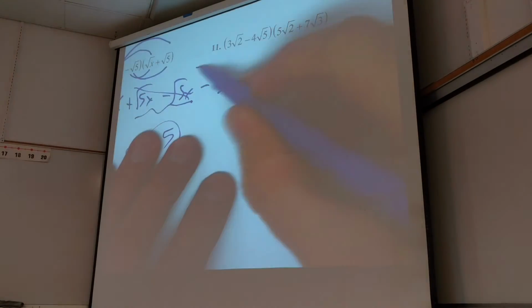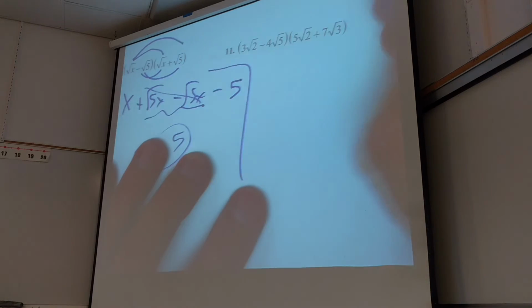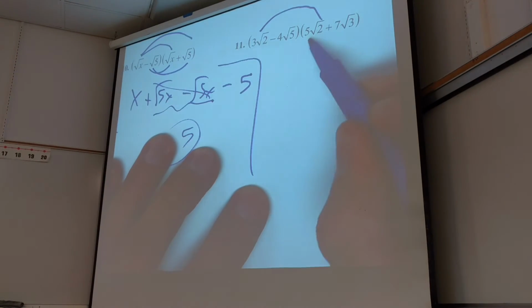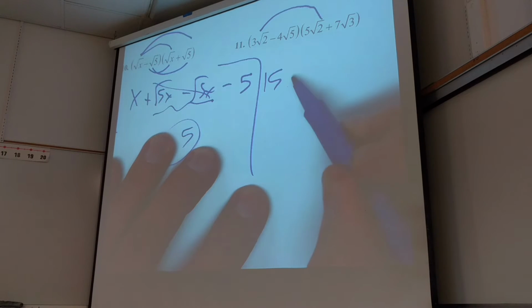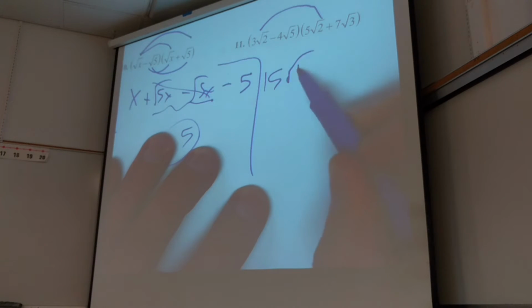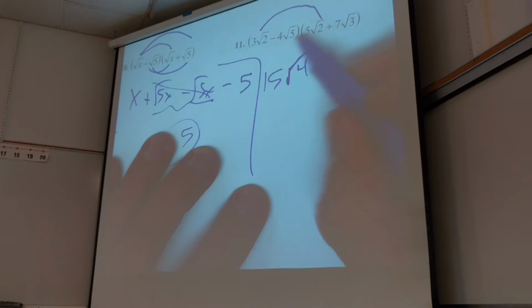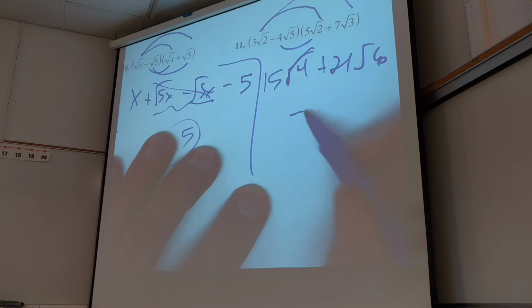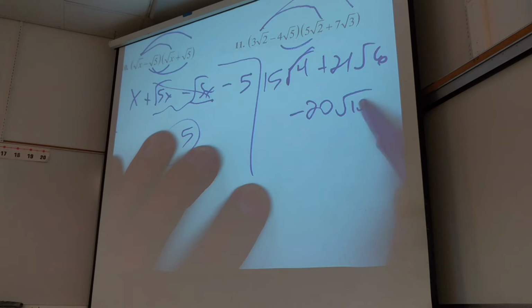Alright. So this last guy is not too bad, right? Just a few more things to do. 15 square root of 4. Alright, sure, I'll write it out. Plus 21 square root of 6. Minus 20 square root of 10.